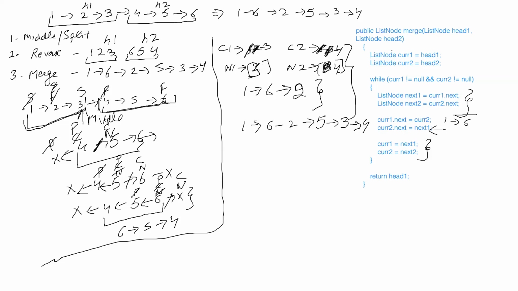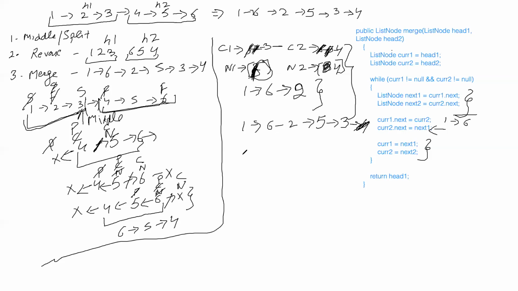So this becomes null, because in the first step next one equal to cur1.next, and cur1.next is null. So this n1 is null now, so I don't have anything to update over here in the second pass.